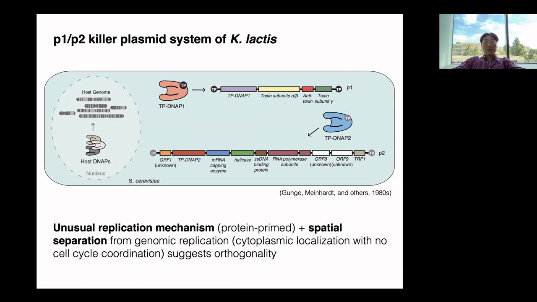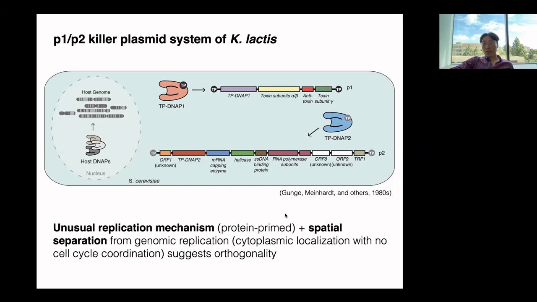So in terms of orthogonal replication, our first strategy that we looked into, and the one we took, was basically to see if there were any unusual replication systems already in nature that we thought we could hijack for orthogonal replication.